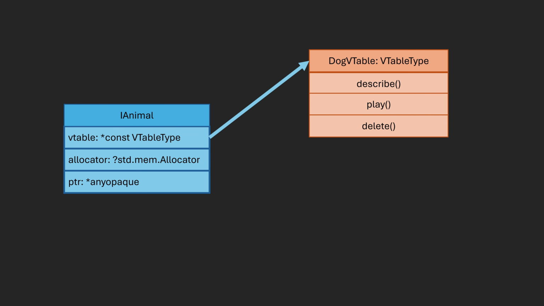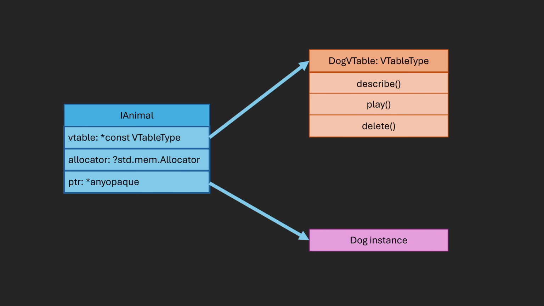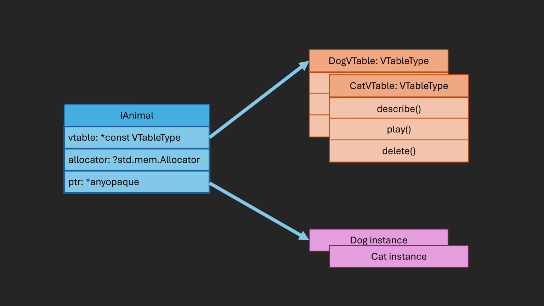VTable points to specific instances of VTable definition, for example for the dog. Then the pointer points to the dog object. Allocator is an optional field used when the interface is constructed with an object on the heap, and during destruction it will deallocate resources. Similarly for the cat. Just VTable pointer has different instance of VTable, and object points to cat instead of dog.